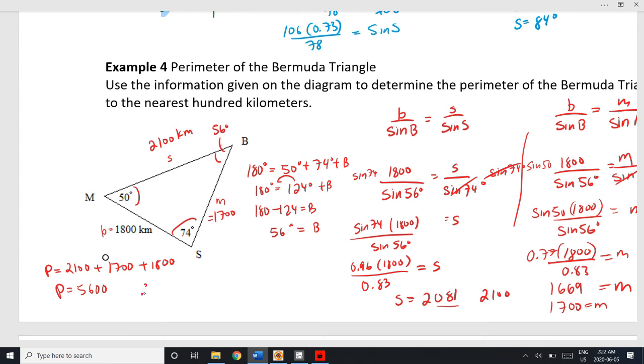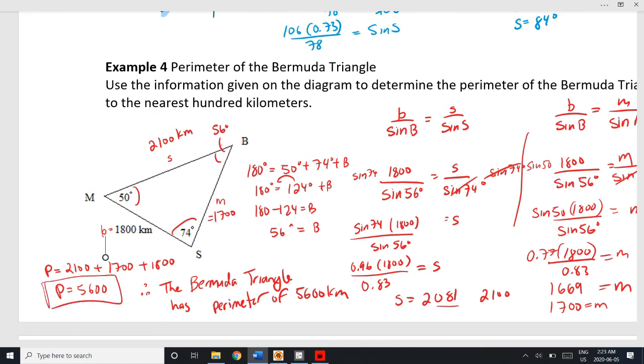So therefore, we can conclude the Bermuda Triangle has a perimeter of 5,600 kilometers. So that's our solution there.